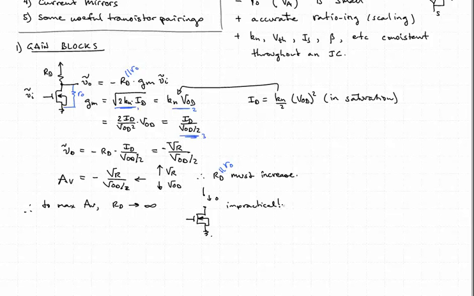So there's another approach. We can try this. What if we actually replaced the resistance RD with a current source? Now, a current source has a dynamic resistance of infinity.